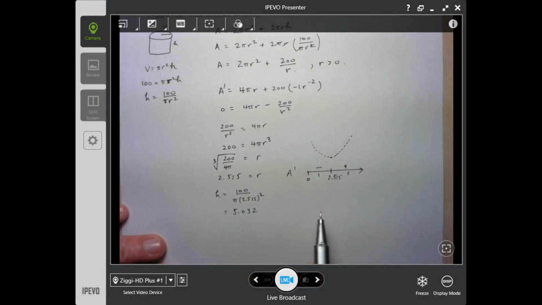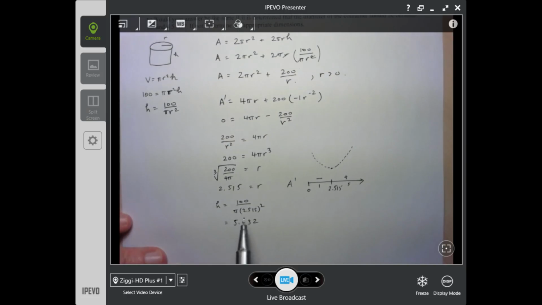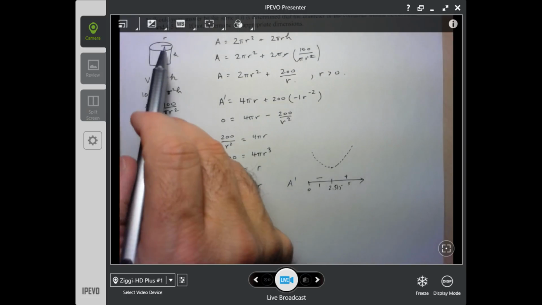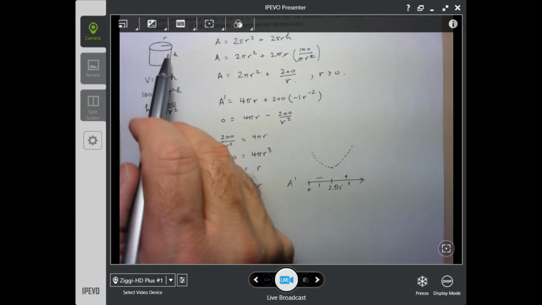And so now I'm going to write out a sentence in a second, but I'm wondering if you notice something here between the radius and the height. Notice here that the radius is exactly half of the height. Okay, so that means that the diameter, just twice the radius, and the height are going to be equal.